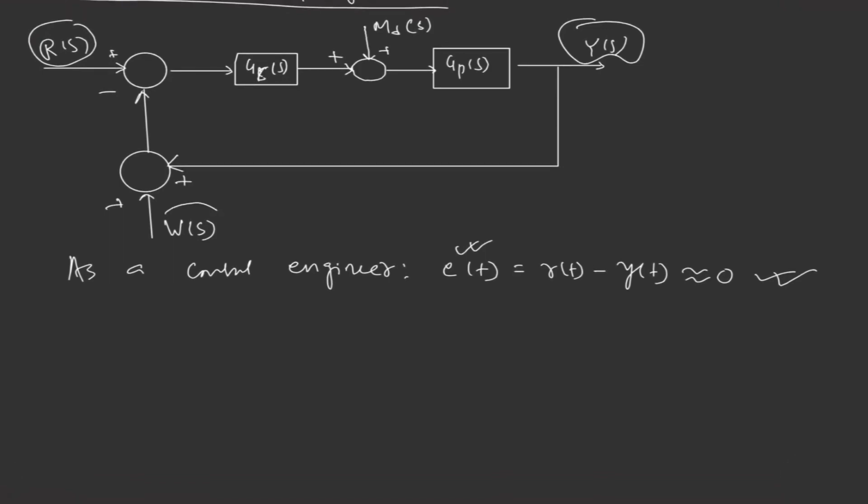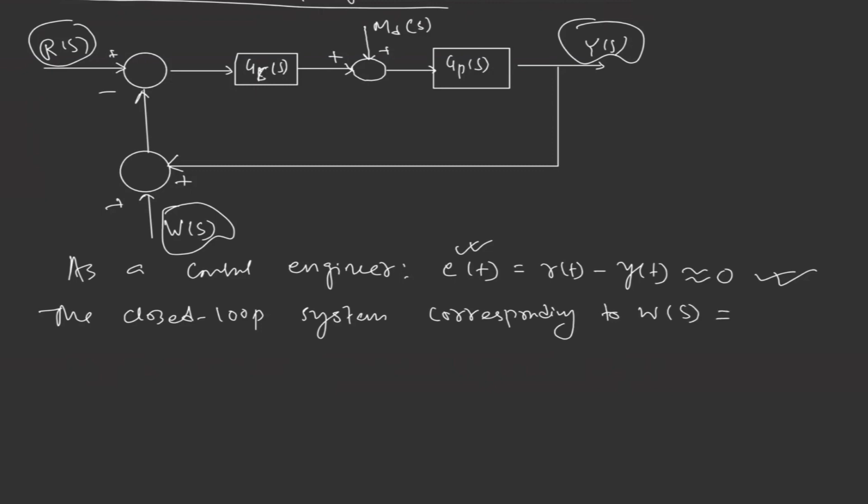Since WS is part of the frequency analysis, we'll deal with it later. Now let's consider the disturbance and reference signal. The closed loop system corresponding to WS equal to 0, we can write Y of S. We have already done how we derived it, so we are not considering the WS part.